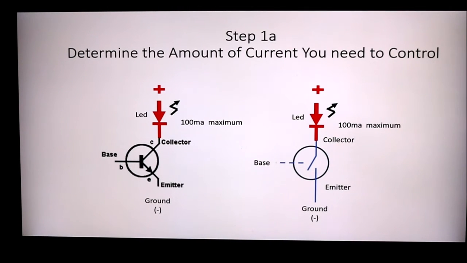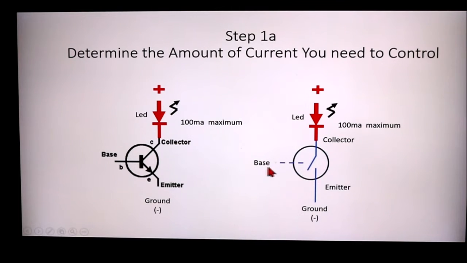Okay, step 1 is to determine the amount of current you require for the transistor to control. In this example, we're going to use a hypothetical LED that consumes 100 milliamps of power. This is a super LED. And on the right, it shows the conceptual idea of what we're trying to do here.